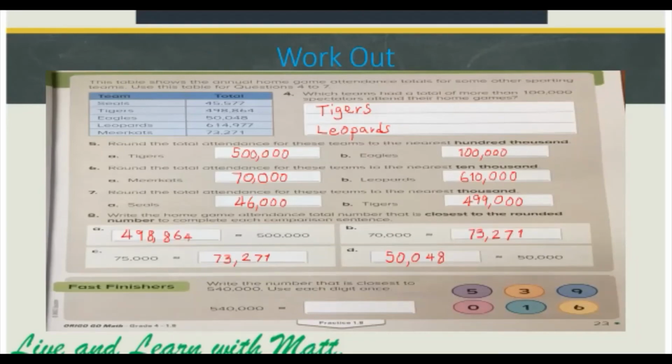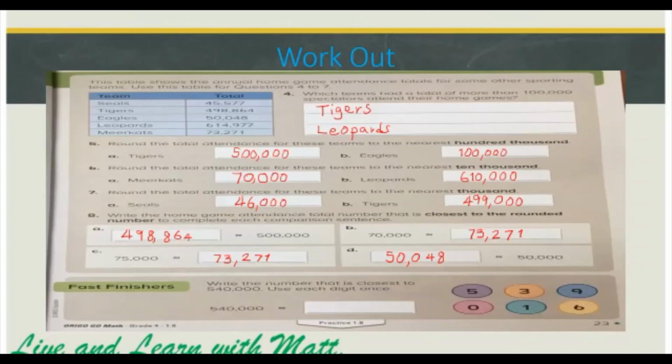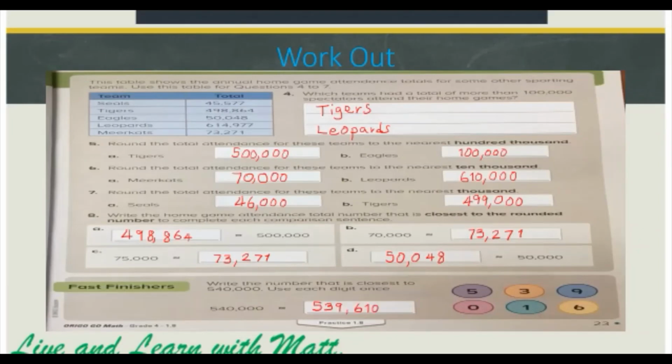So for number 8, the answers are on the screen. Now for the fast finishers, write the number that is closest to 540,000. Use each digit once. So we have 539,610.